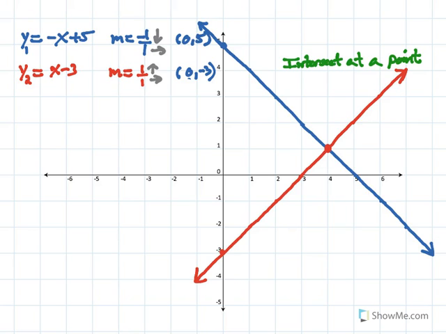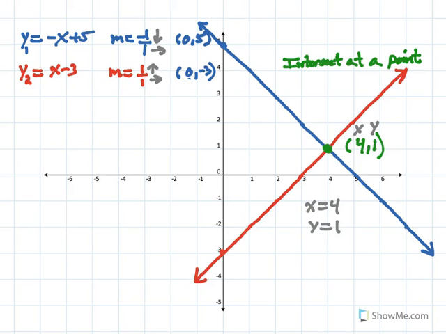And that point, we'll just put it in green so it's easier to see, we read it, so the x coordinate is going to be 4, and then the y coordinate is 1, so it's 4, 1. And that means my x is going to be 4, and my y value is going to be 1. That's what it literally means. So we'll write that over here. X is going to equal 4, and then y is going to equal 1. And that is the solution for these equations.